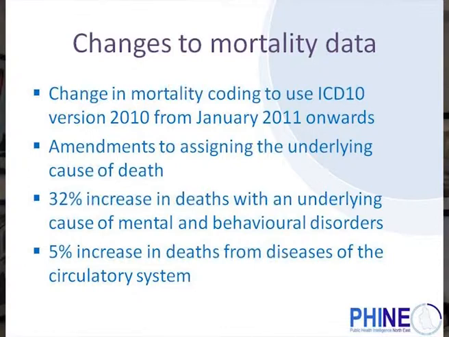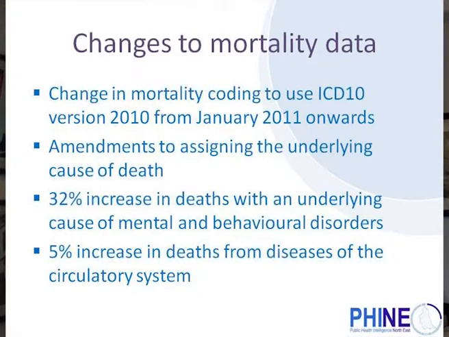So one of the key ones is when they retrospectively looked at a set of data, coded it using the old rules and coded it using the new rules. There's a 32% difference in deaths that have an underlying cause of death of mental and behavioural disorders. And the reason for that is a slight change in coding for deaths from dementia.